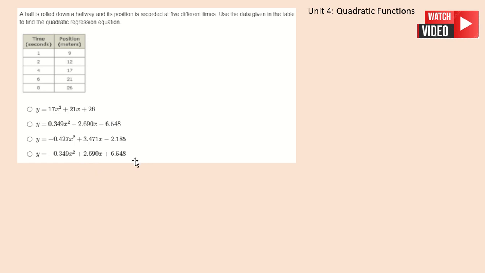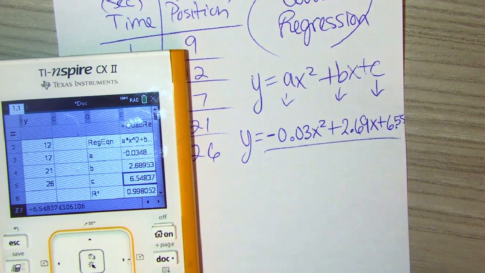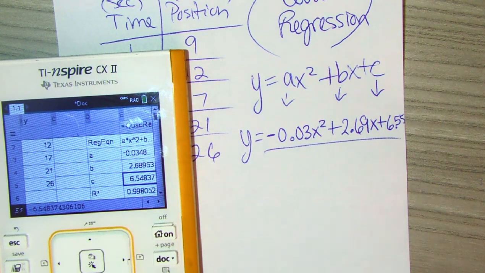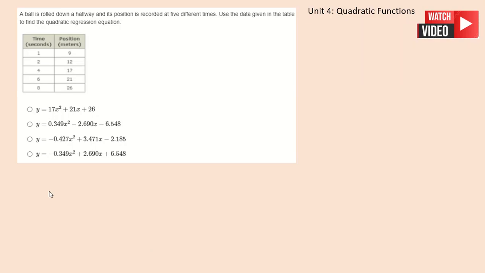And then I just noticed a typo because my answer choices here are 0.03, 2.69, 6.54. The 2.69 matches and the 6.54 matches. Maybe it was a typing mistake, but yeah, it's definitely the last one. Okay, just ignore the A value. It should be 0.0349.